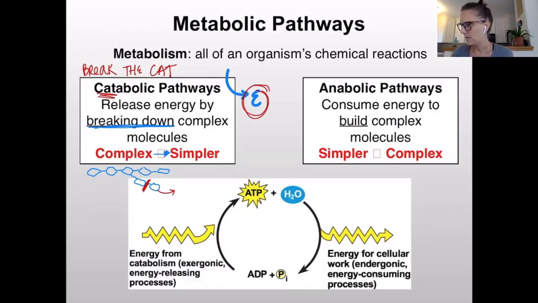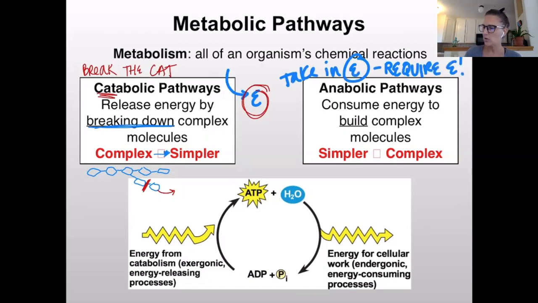Anabolic pathways, on the other hand, consume energy. So they are going to take in energy. In another way, they require energy. This is to build up things, going from simple to more complex.